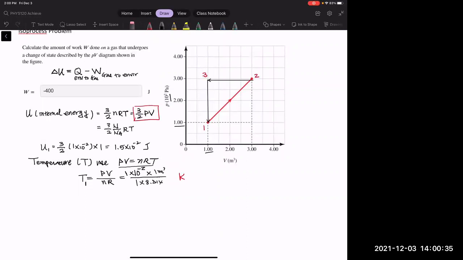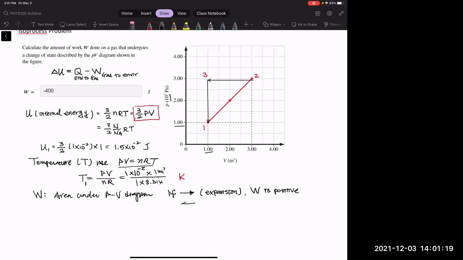The next thing you need to know is how to find work. Work is very similar to the kinematics that we talked about. The work is going to be the area under this PV diagram. Okay, there's a sign issue. If the arrow goes to the right, meaning this is an expansion, the work is positive.